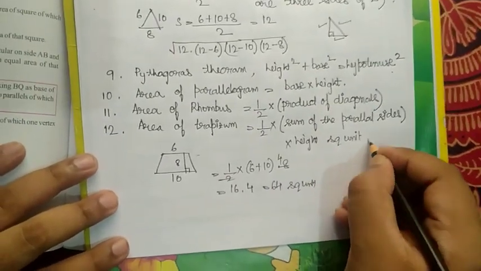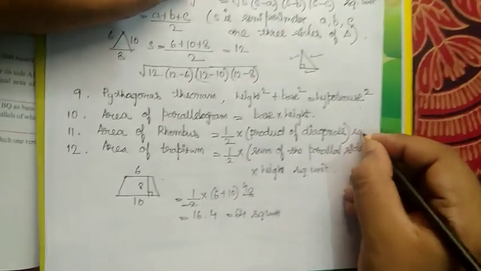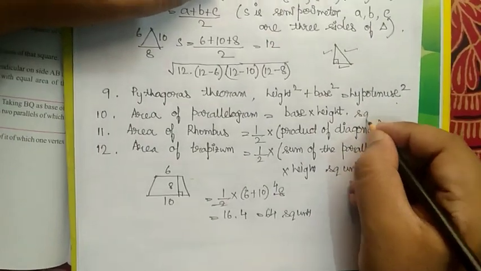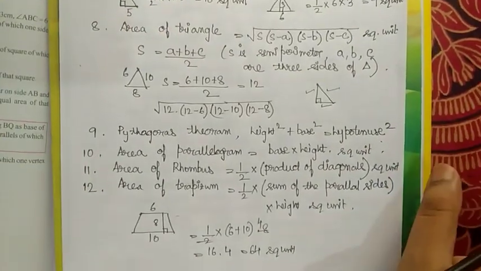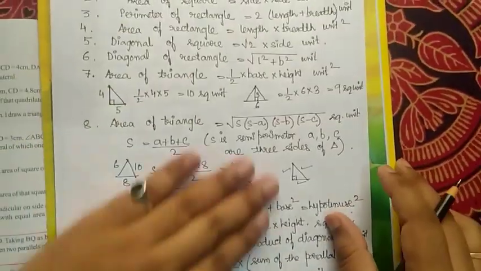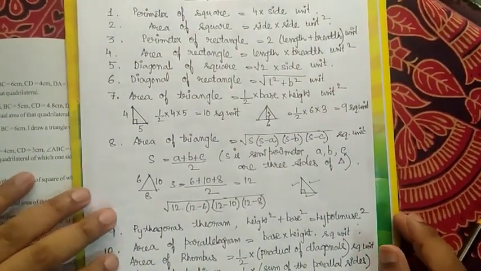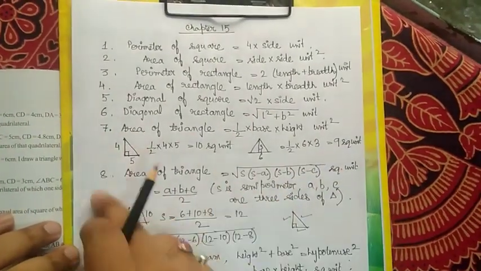So today we just discuss the formulas of this chapter. This is a mensuration chapter. So when you start chapter number 15, on the first page, you first copy these formulas, but not the examples. I just used those examples for discussing these formulas.